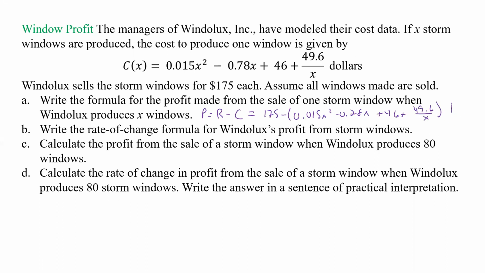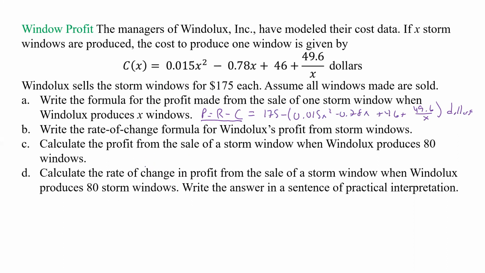And that's again still in dollars. Okay, so that would be our function. So again, we have to remember some rules in economics and counting things. Profit equals revenue minus cost.